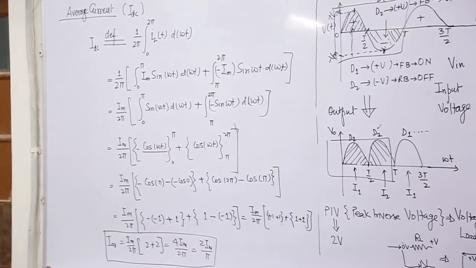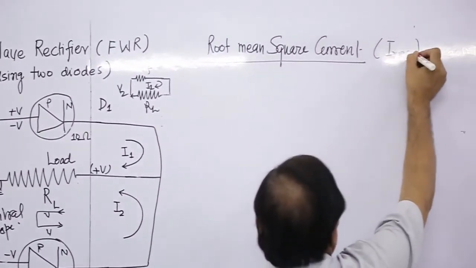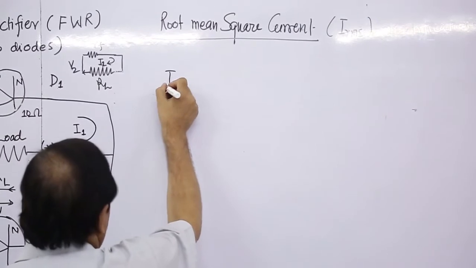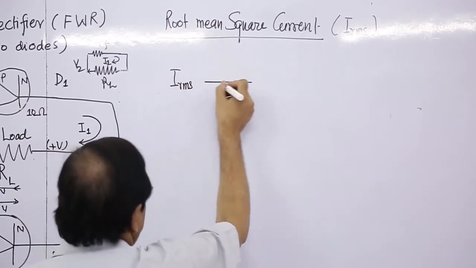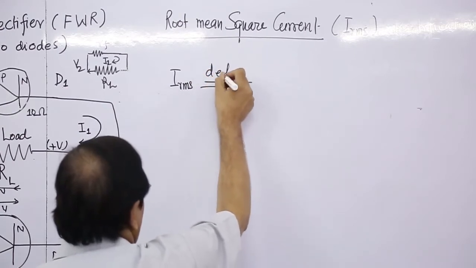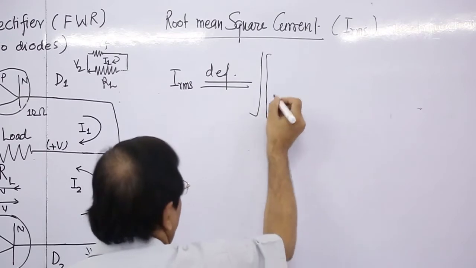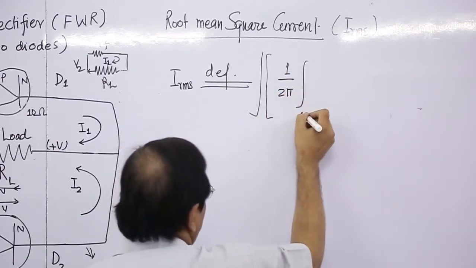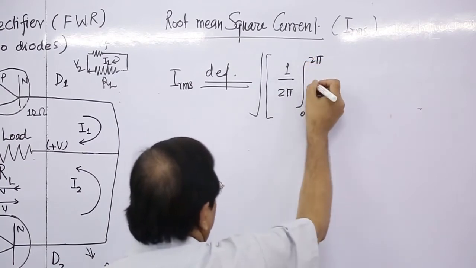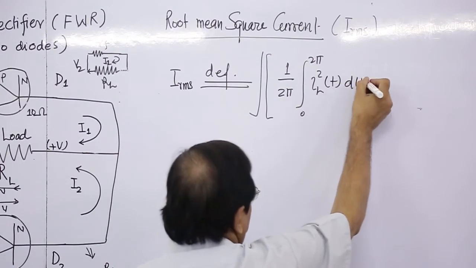This is represented as IRMS. So, this IRMS is defined as root of 1 upon 2 pi, 0 to 2 pi I square d omega t.